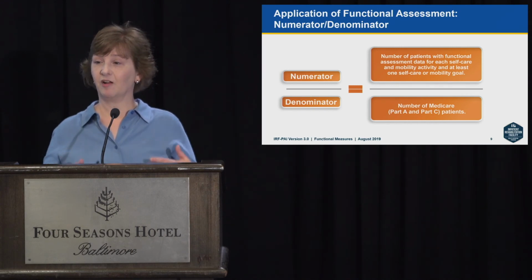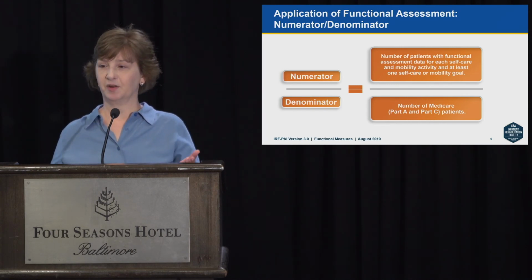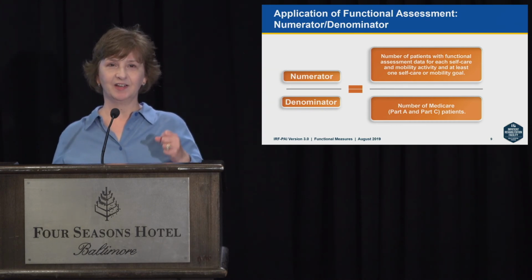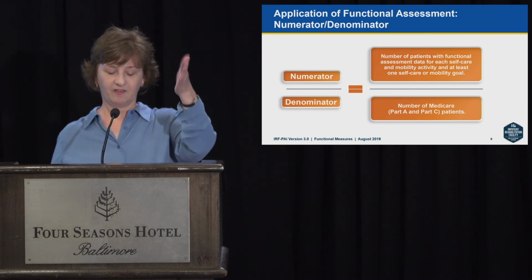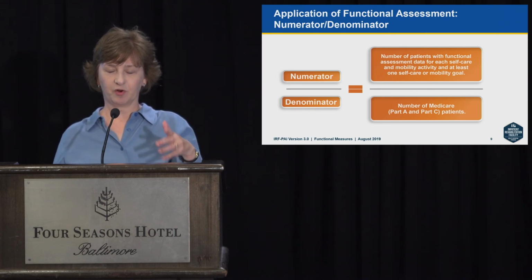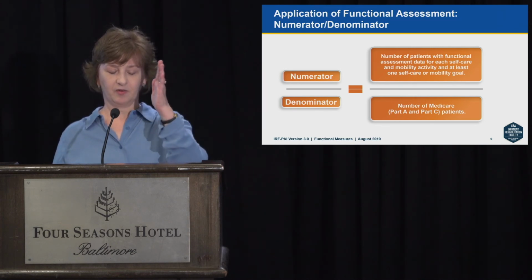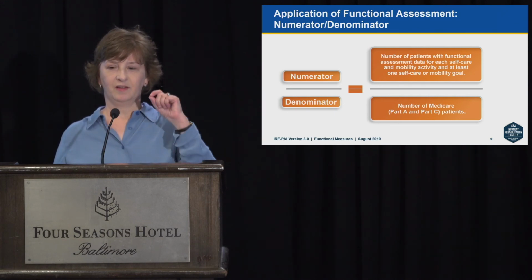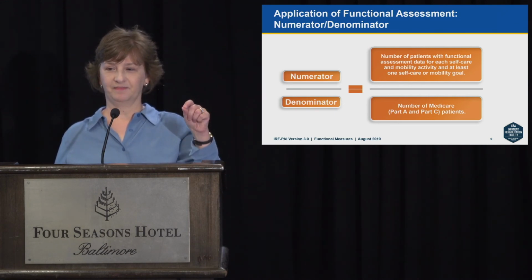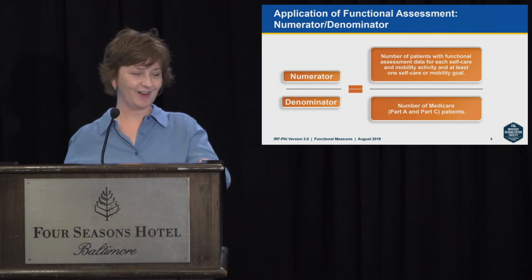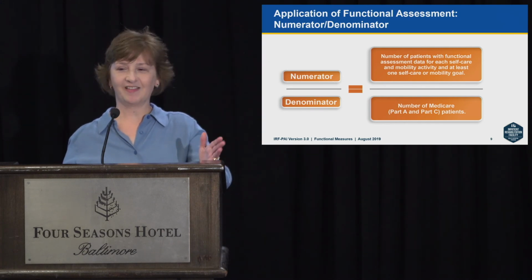So basically for all the records that come in for the time period, let's say the time period was calendar year 2018, anybody discharged in calendar year 2018, IRF-PAI record submitted, and if there are self-care and mobility performance scores for the items included in this measure, and there's at least one self-care or mobility goal, that record will go in the numerator. In general, IRFs have been doing very well on this measure, so I think you probably already have this under control, but basically that's what the measure is.